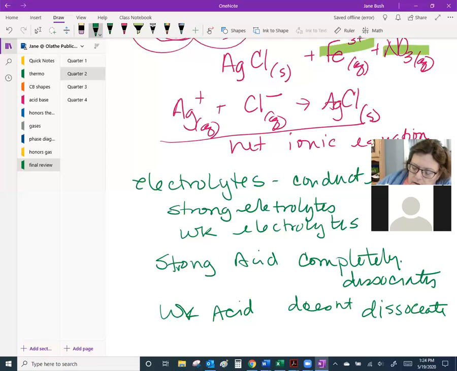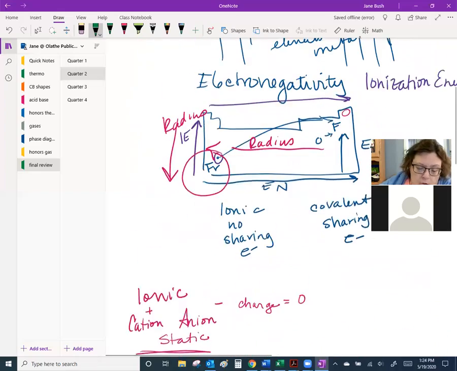All right. So strong acids will completely dissociate. Same thing happens with ionic compounds. Some of them dissociate better than others. They will all dissociate to a certain extent. They will all conduct electricity to a certain extent.